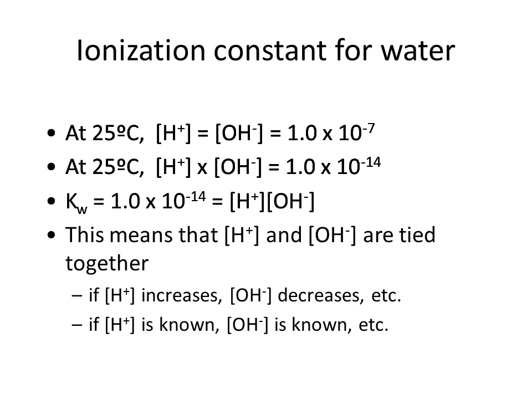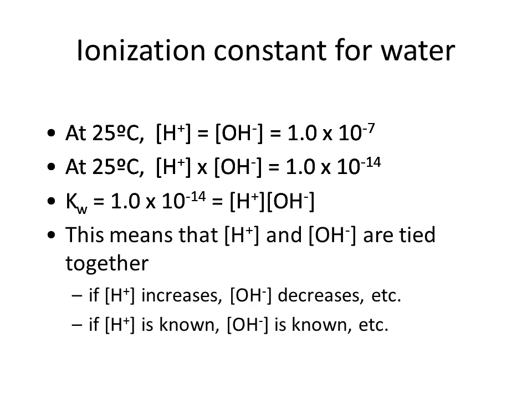Of course, this is at 25 degrees Celsius. We call this constant 1 times 10 to the minus 14 Kw, or the equilibrium constant for water. That is, 1 times 10 to the minus 14 is equal to proton concentration times hydroxide concentration all the time. This always holds.